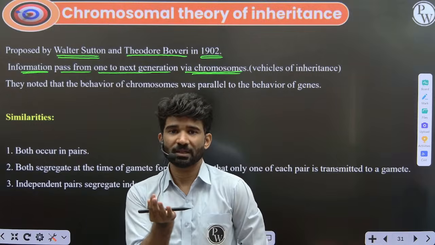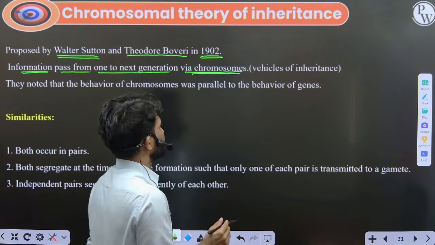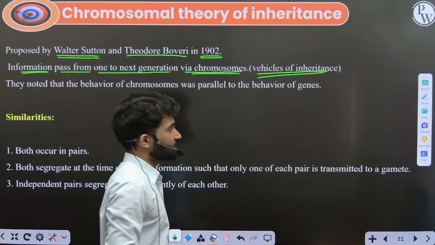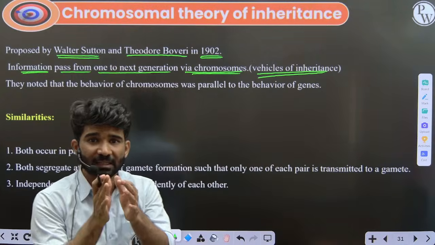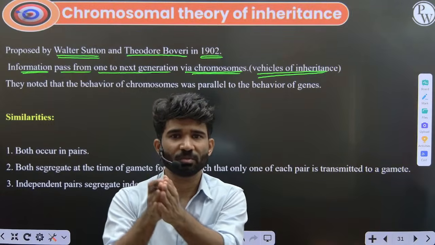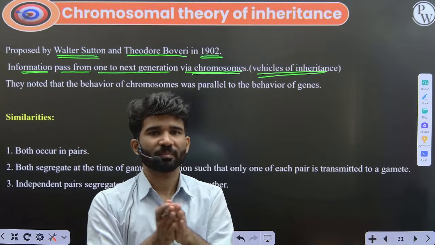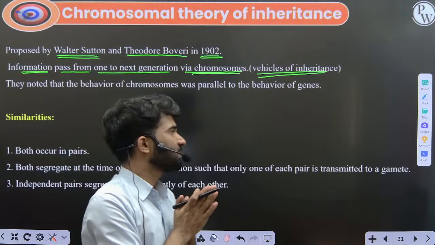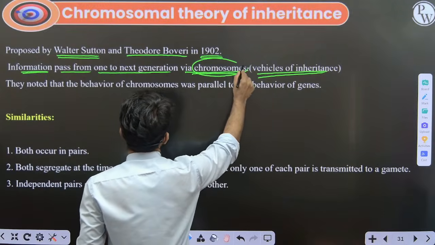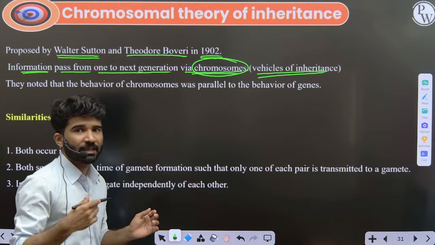What do vehicles do? They transfer, they transport, right? So they carry the information from the parental generation to the offspring. The information is present on the chromosome.